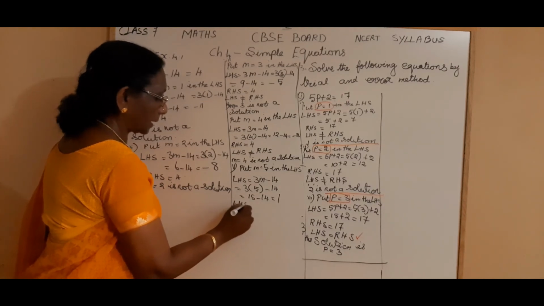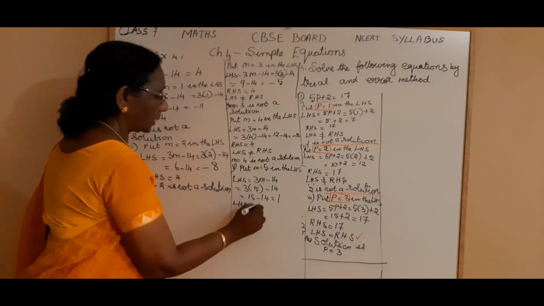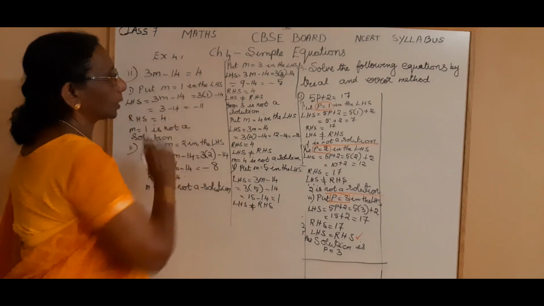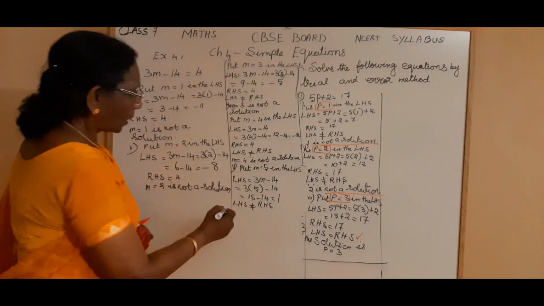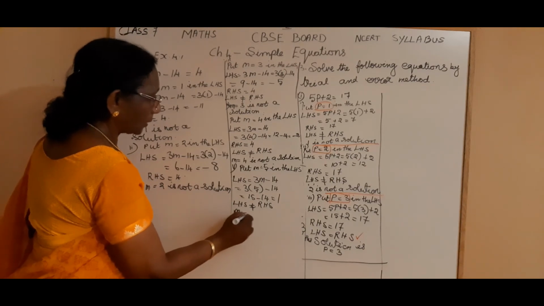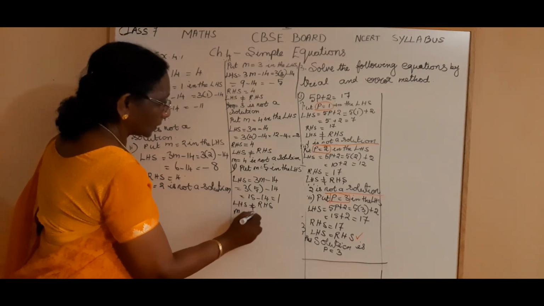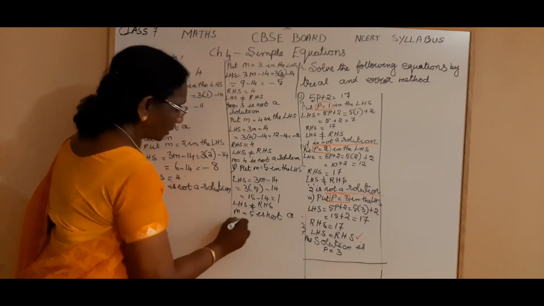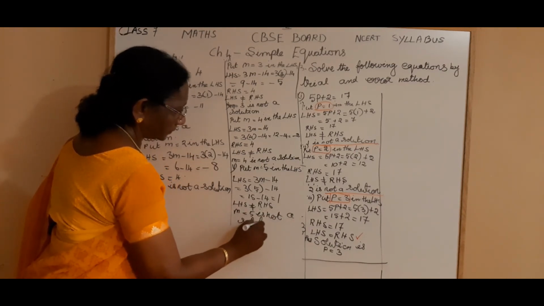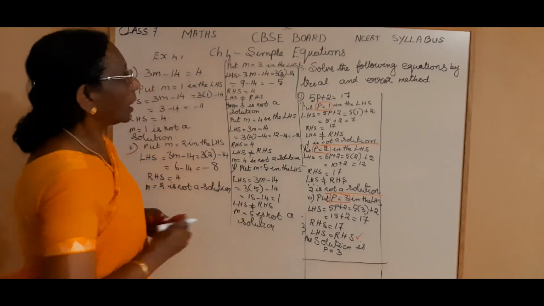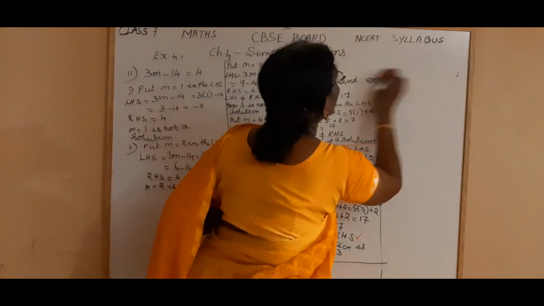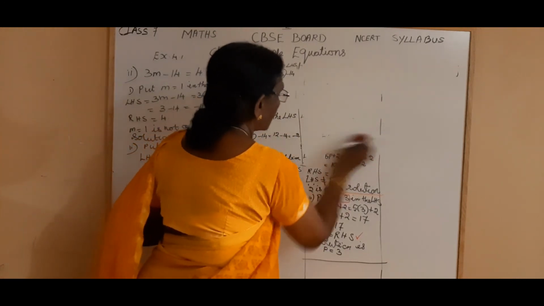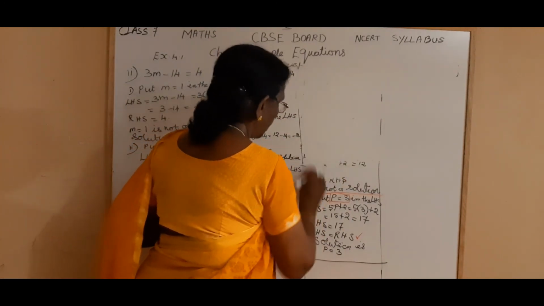So LHS is not equal to RHS, because RHS is 4, which you have to get. So m is equal to 5 is not a solution. Now, what is the next number you have to give, children? m is equal to 6.